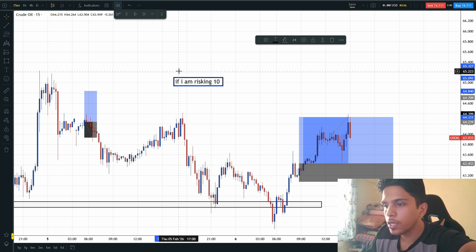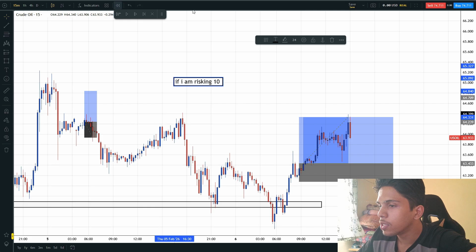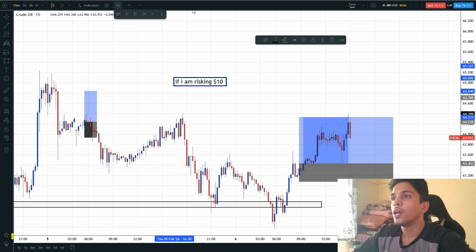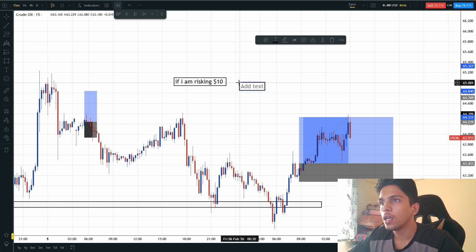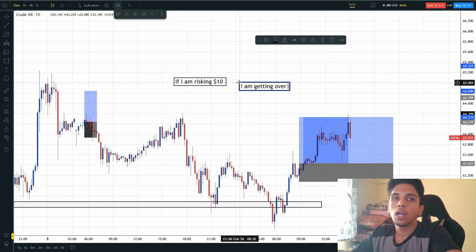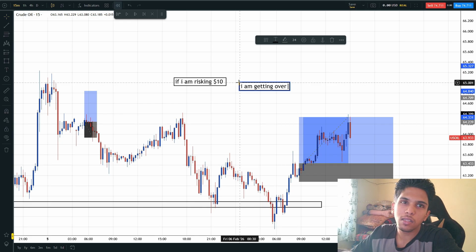If I am risking $10, and in front of that I am getting over 1:2.5, means 25 dollars.